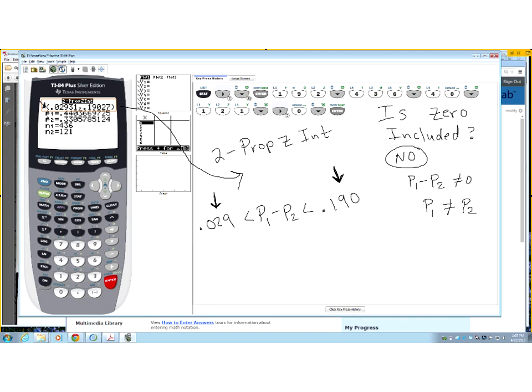So in this case, there is a difference between the two groups. We're 90% confident that the difference between the two population proportions lies between those two numbers. And what that means is that there is a difference between the two groups.